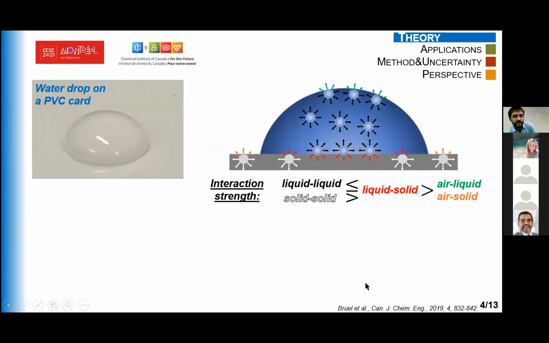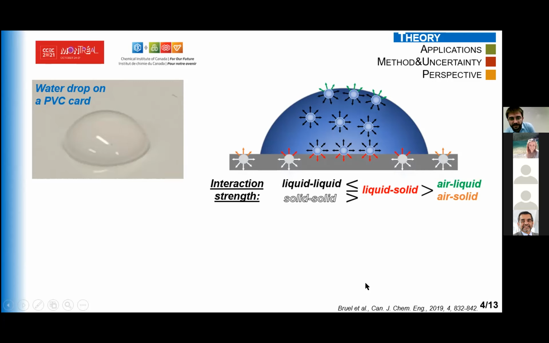So if I consider a drop of water on a PVC card and look at water molecules, what are their interactions? A molecule of water in the middle of the drop will form liquid-liquid interactions. As it moves towards the interface, it will form, for instance, air-liquid or liquid-solid interactions.